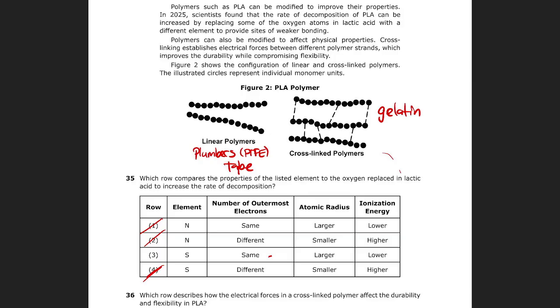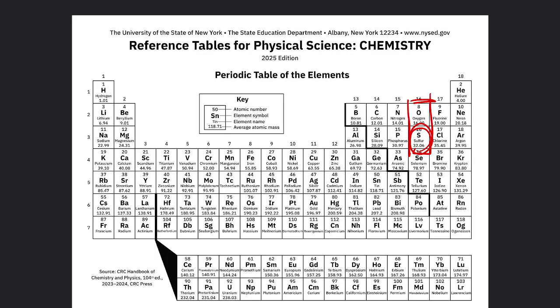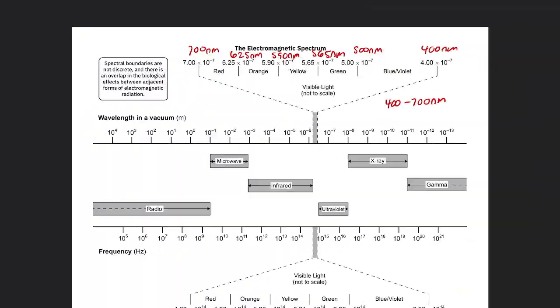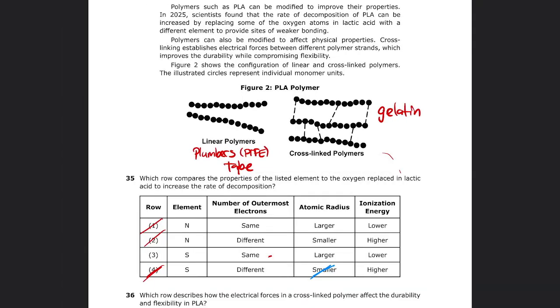So it's going to have a larger atomic radius, so that's not true. And then as far as its ionization energy, well, the trend for ionization energy follows that of electronegativity. Right, so the ionization energy of oxygen is going to be greater than that of sulfur. Sorry, and I'm getting cut off here. So that would also make that false.